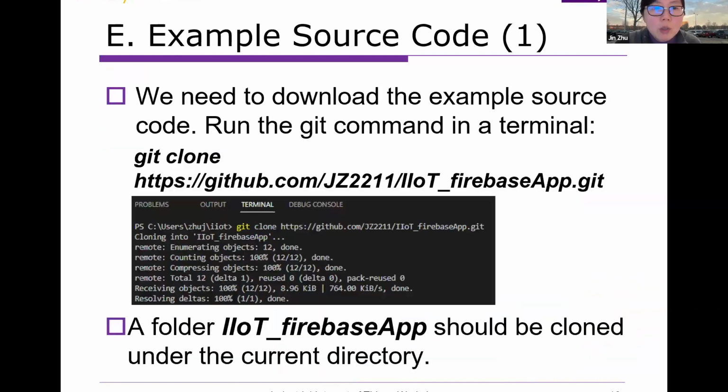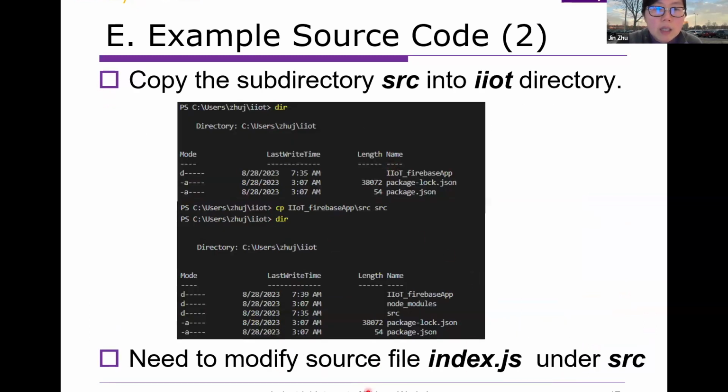So once you finish this one, you just download the example code. You could use GitHub or run it on the directory, whatever, it doesn't really matter. Because once you've downloaded the files, inside there are going to be several files under the SRC folder, which is the source files.